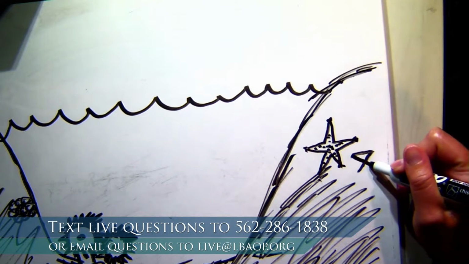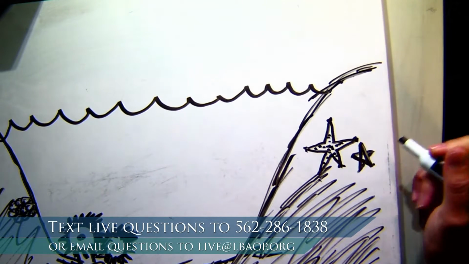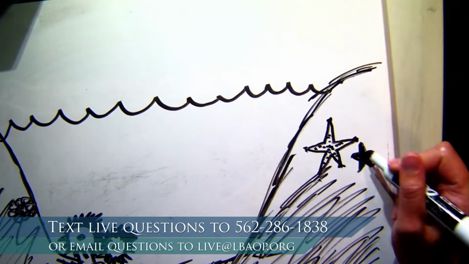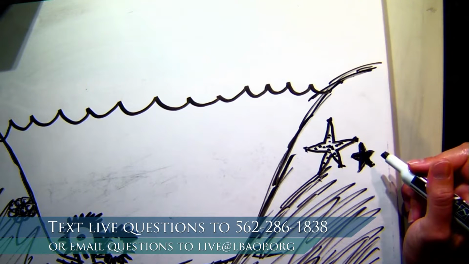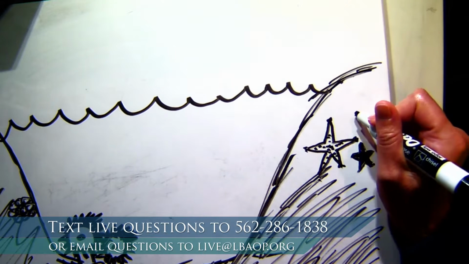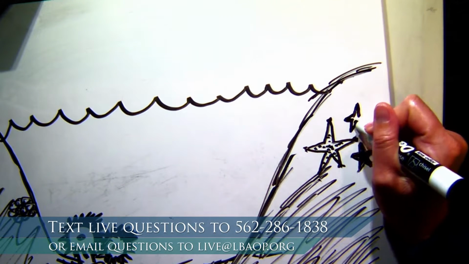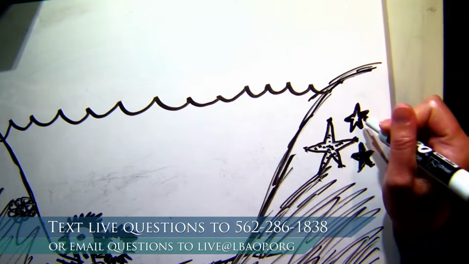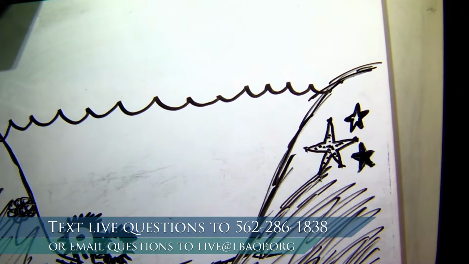I'm going to go up, make that point on the top, and come down, connect my other point, and then you can fill that in. So that's another way to draw a star. All right. Let's see, I'll draw maybe one more star up here. I'll draw a little bitty one. Okay, so I've got some stars hanging out in my tide pool.